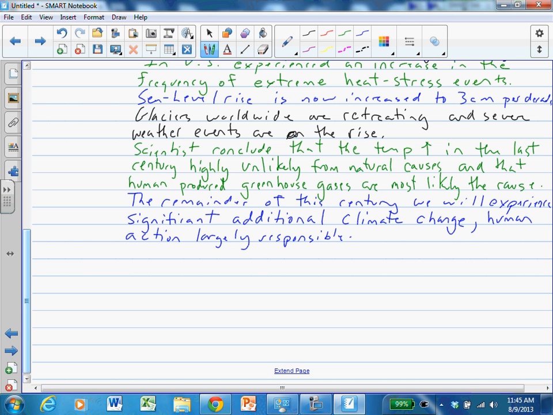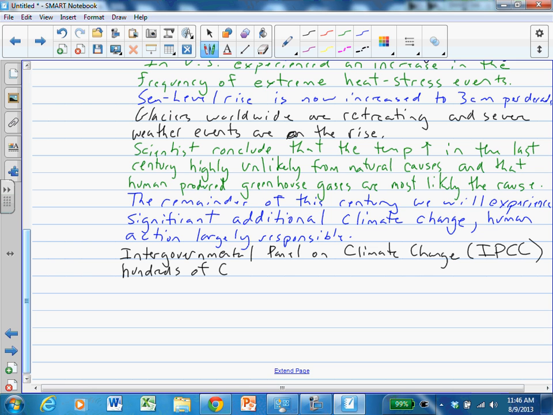The Intergovernmental Panel on Climate Change, hundreds of climate scientists, report a 0.2 degrees C increase in global temperatures in each of the next 2 decades.